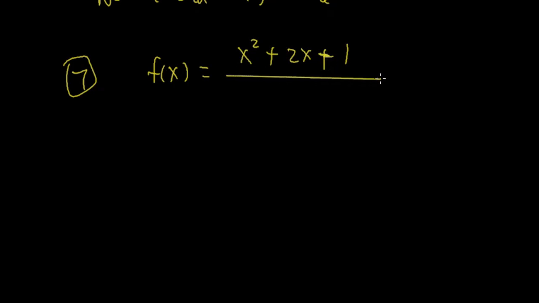7. Let's say f of x equals x squared plus 2x plus 1, all divided by x squared plus 4x plus 4.